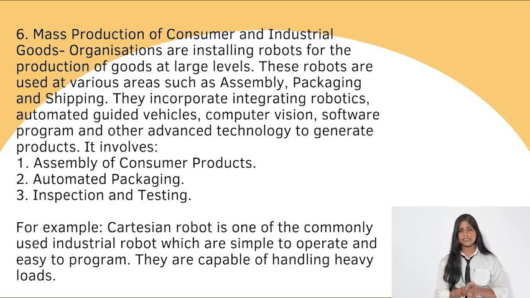It involves assembly of consumer products, then automated packaging, and lastly inspection and testing. Coming to the example, the Cartesian robot is one of the commonly used industrial robots, which are simple to operate and easy to program. They are capable of handling heavy loads.